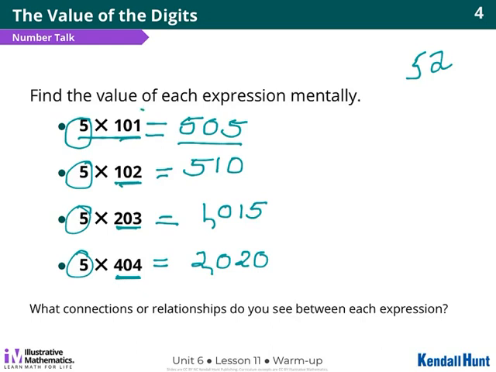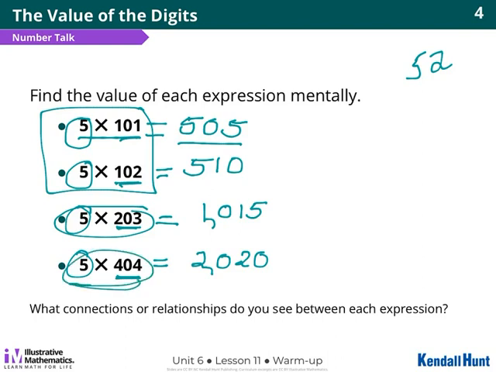Oh, so if you could figure out these 2, it helped you to figure out this one, right? Mm-hmm. And then if you figure out those 3, it helps you figure out the last one. So they were all what I call helper problems, weren't they? Mm-hmm. Okay, last one, Madeline. The 101 helped me figure out the 102 because all you have to do is just add 5. So it's just adding one group of 5, isn't it?